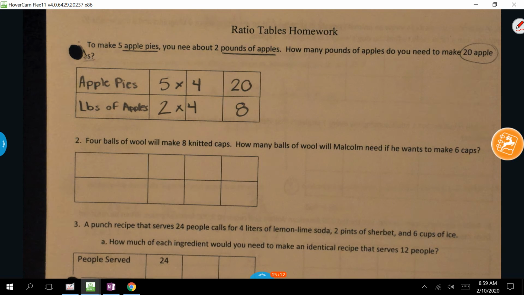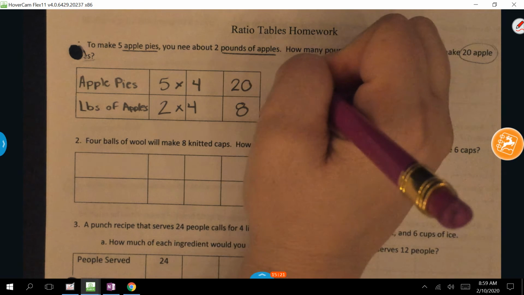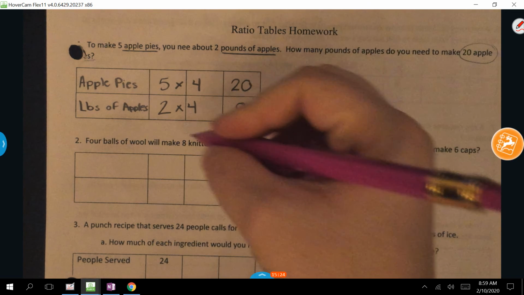All right, so what would a good answer for this problem be? We can't just leave it in the chart. What would a good answer be to this problem? Kayla? You need 8 pounds of apples.